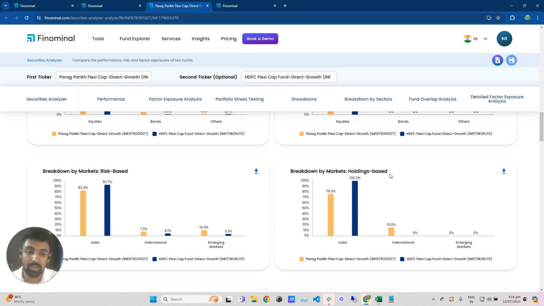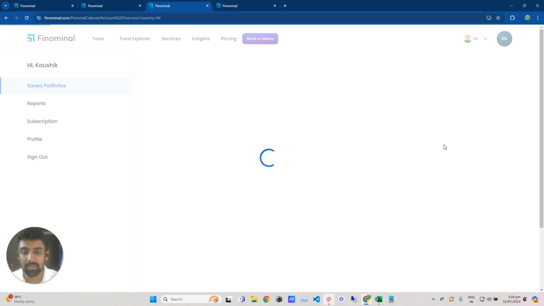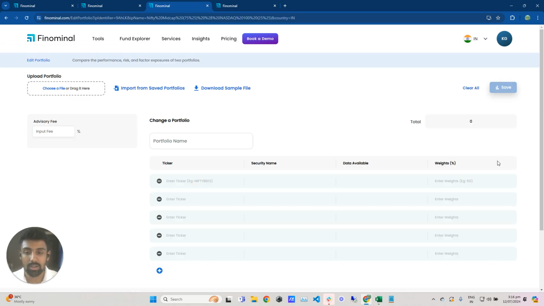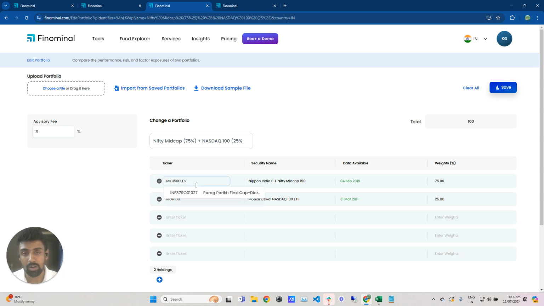Now finally we will look at how we can replicate this fund using two simple benchmarks. Here I have created a portfolio consisting of two ETFs. One is the mid cap 150, and I've allocated 75% to it, and a Nasdaq fund, Nasdaq 100, which is a famous benchmark in the US.